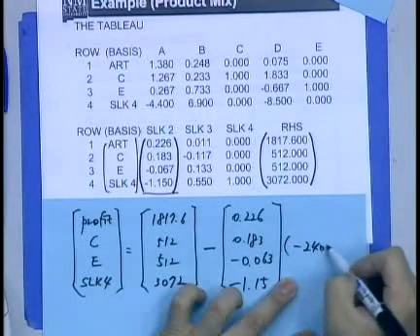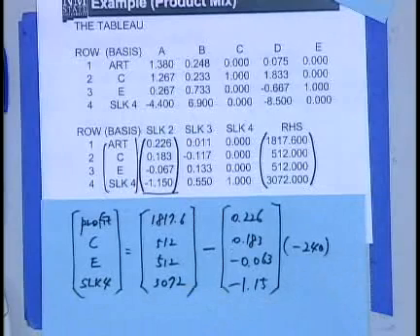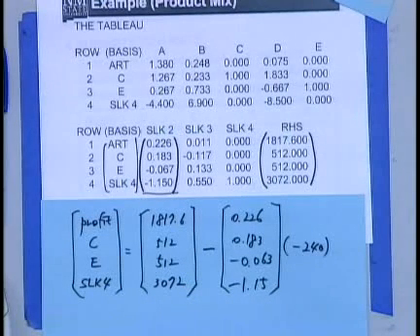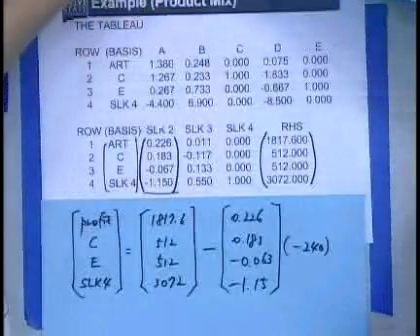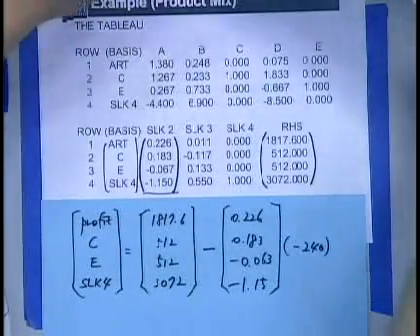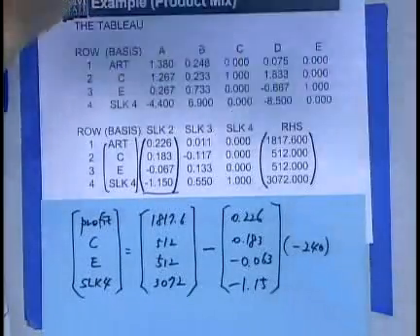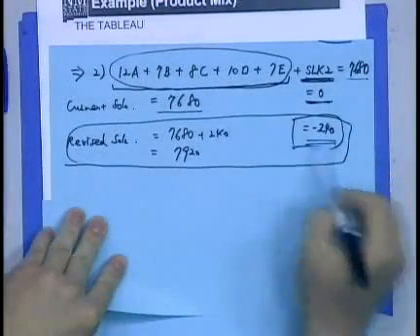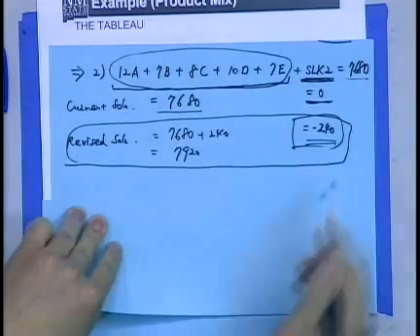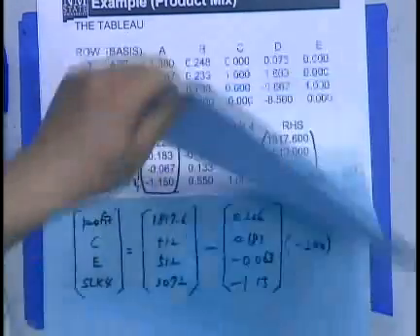Negative 240, right? Because just ago we've learned slack variable will take the value of negative 240. Okay?